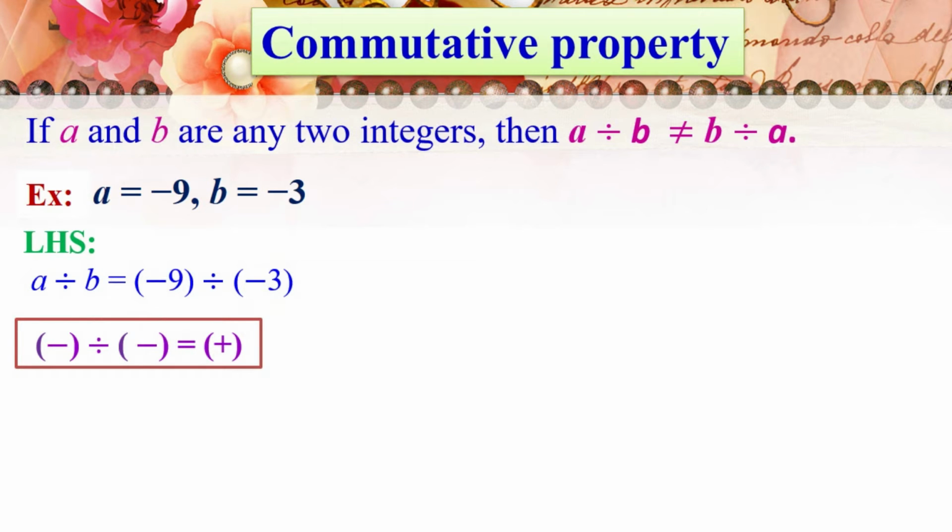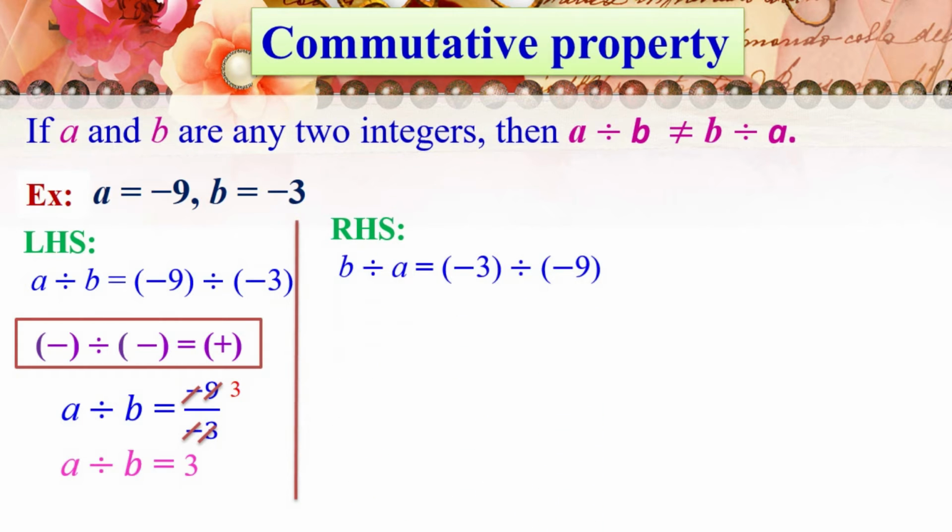Look at the sign. When we divide a negative integer by a negative integer, we get a positive integer. Now, cancel the sign. 1 3 is 3, 3 3s are 9. We get a divided by b is equal to 3.